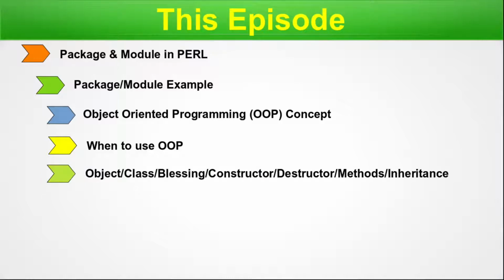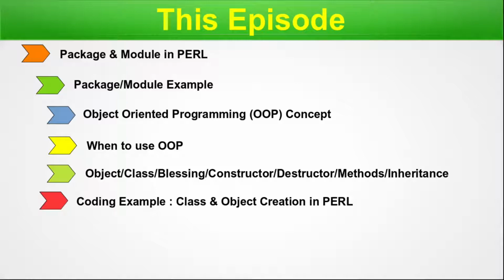We'll talk about the different parts of object-oriented programming like object, class, bless, constructor, destructor, methods, inheritance. Next, we'll go through a coding example of creation of a class and its object in Perl.